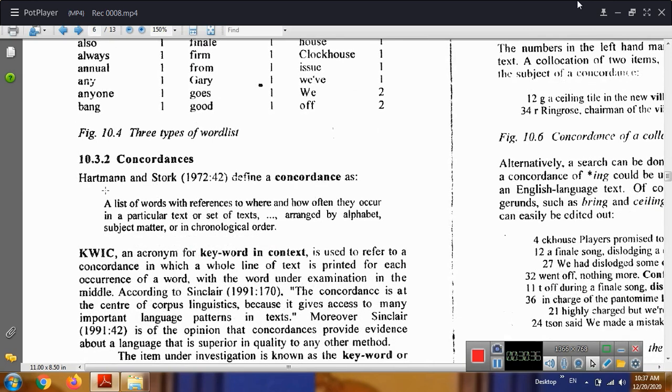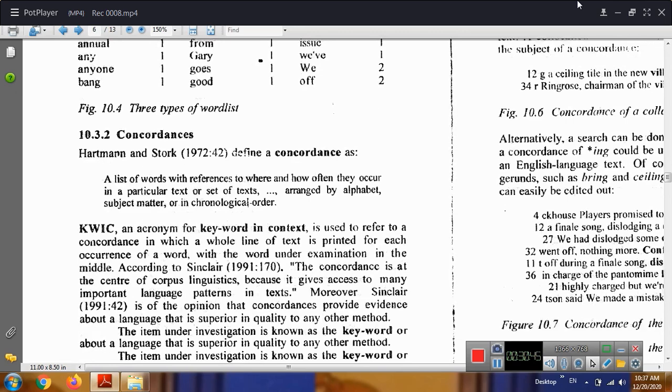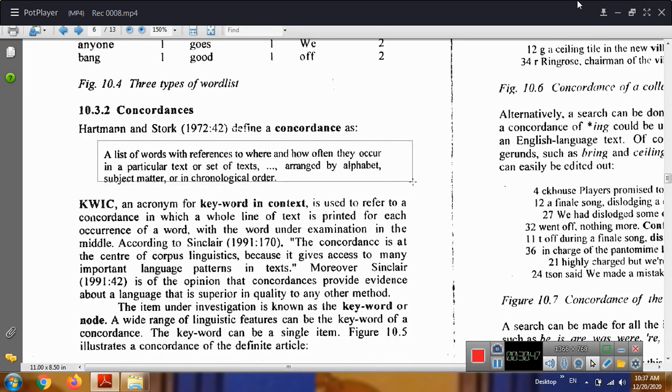Concordances. We read about concordances in the previous articles. Hartman and Stork define a concordance in this way: a list of words with references to where and how often they occur in a particular text or set of texts, arranged by alphabet, subject matter, or in chronological order.